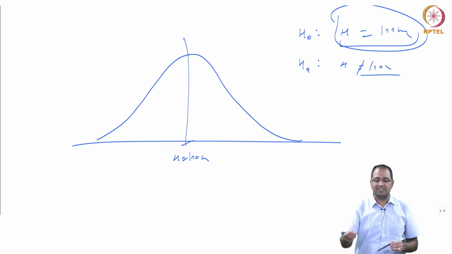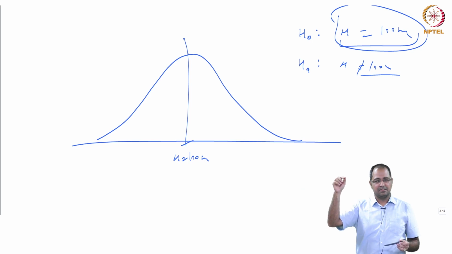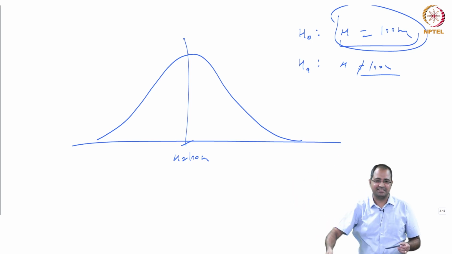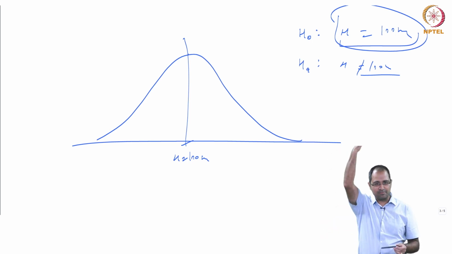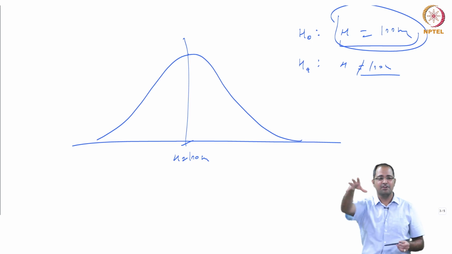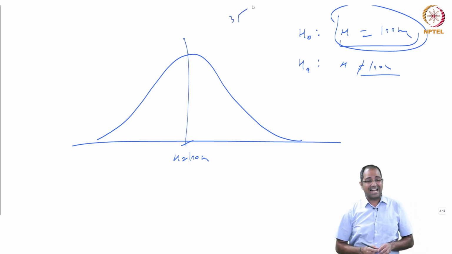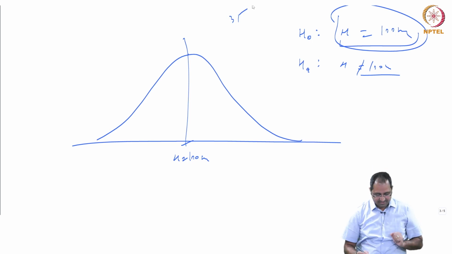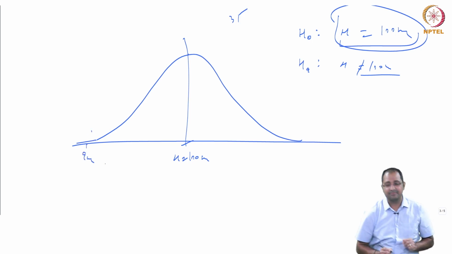Once he goes to my home, he randomly selects 35 trees and measures. He is trained before coming on how to measure the height of trees, and he measures a sample of 35 and gets an average height of 9 meter. So 9 meter is here.